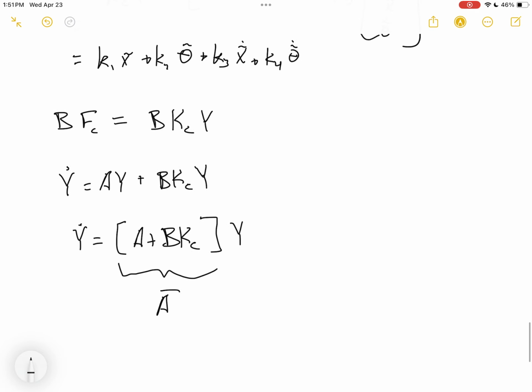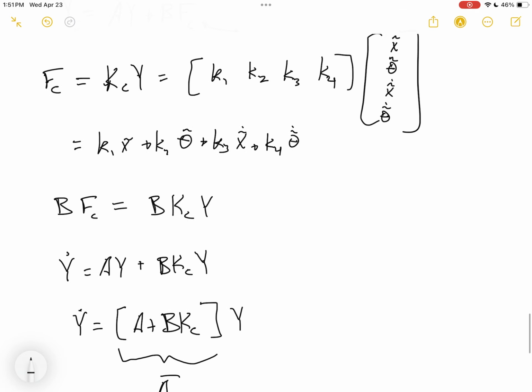And what we can do is look at and explore how those different values of K1, K2, K3, and K4 affect the stability of the system.